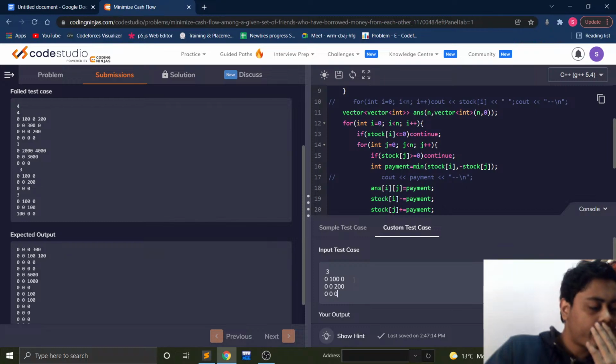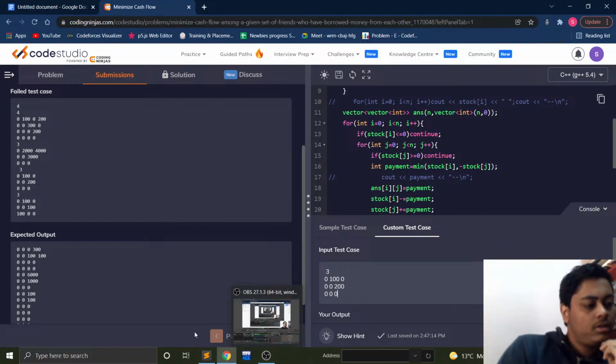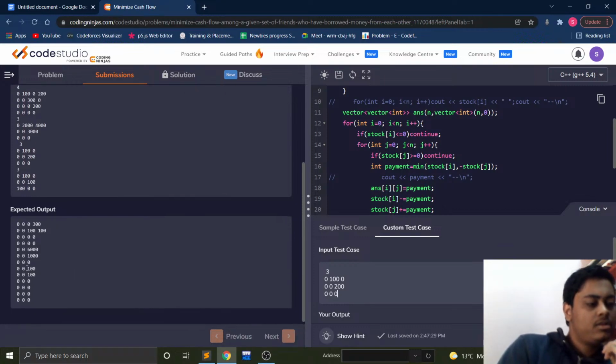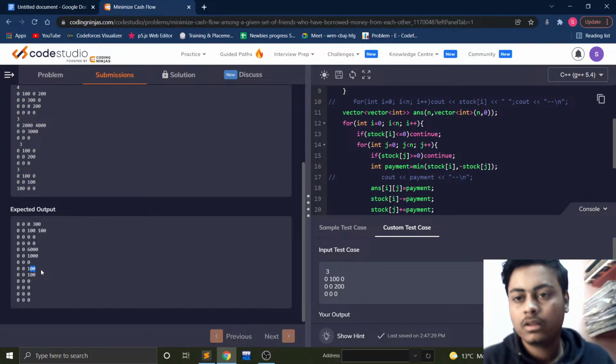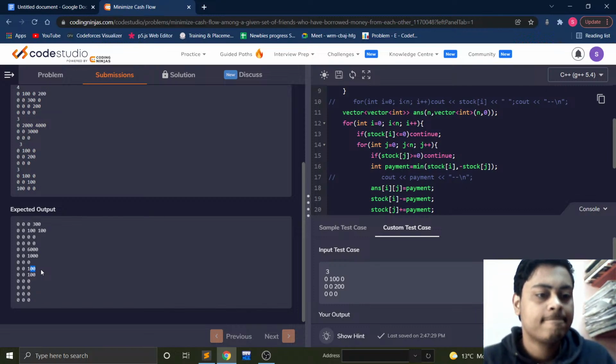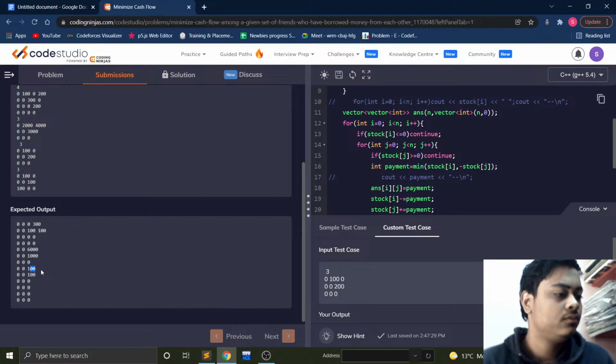Both can give 100, right? Yes, that's what I'm printing. But who both? Yes, 0 will give to 2 and 1 will also give to 2. 100, yes. What is wrong with the output?